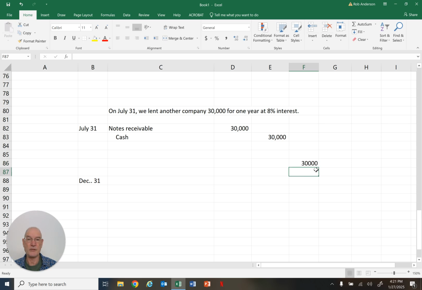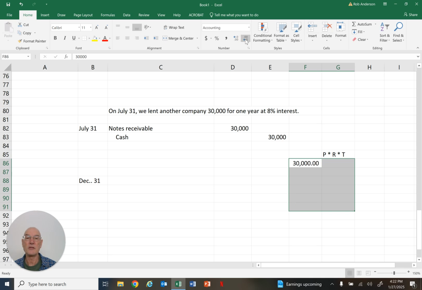Now the formula for interest is principal, so P is principal, times R, which is rate, times T, which is time. So PRT, principal times rate times time. So here is our principal.